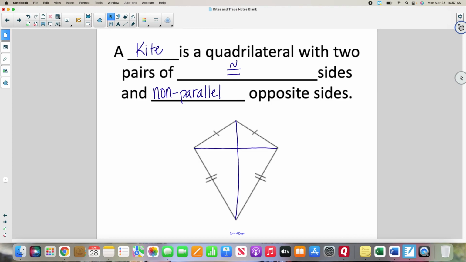The diagonals of a kite are perpendicular, so put a right angle in there. The short diagonal is cut in half, so this is going to be 3 marks. The long diagonal is not.